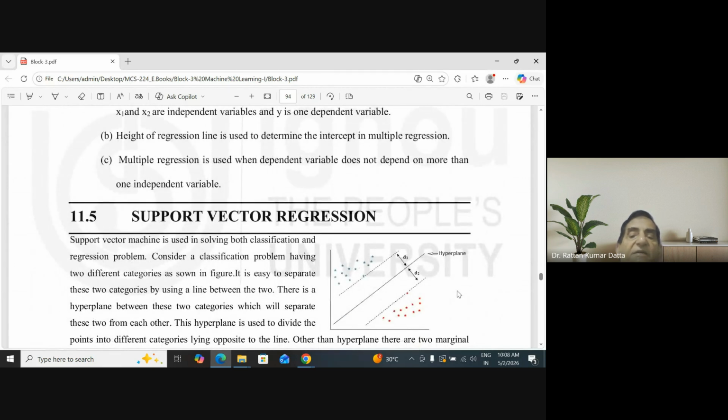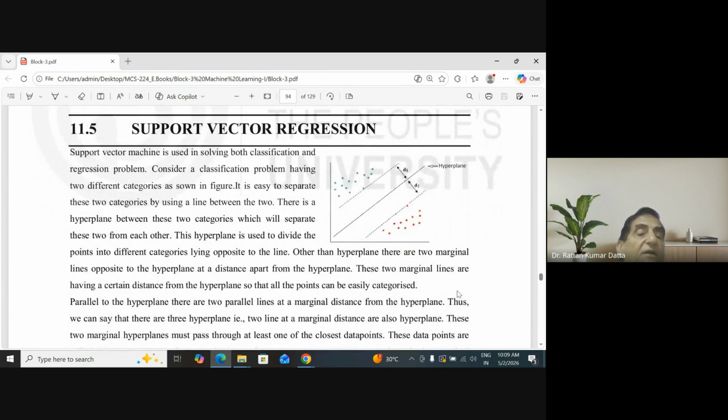Support vector regression, these two are this. This is the distance there and all that. And support vector machine is used in solving both classification and regression problems. Consider a classification puzzle having two different categories as shown, A category and C category. The hyperplane is used to divide the points into different categories lying opposite to this.